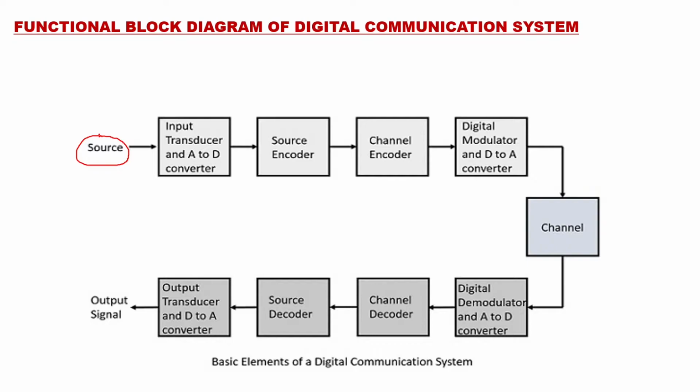If it is an analog information source, then it emits a continuous amplitude signal, for example, the output of your microphone. And if it is a digital, discrete information source, then it gives a finite set of symbols as possible outputs.